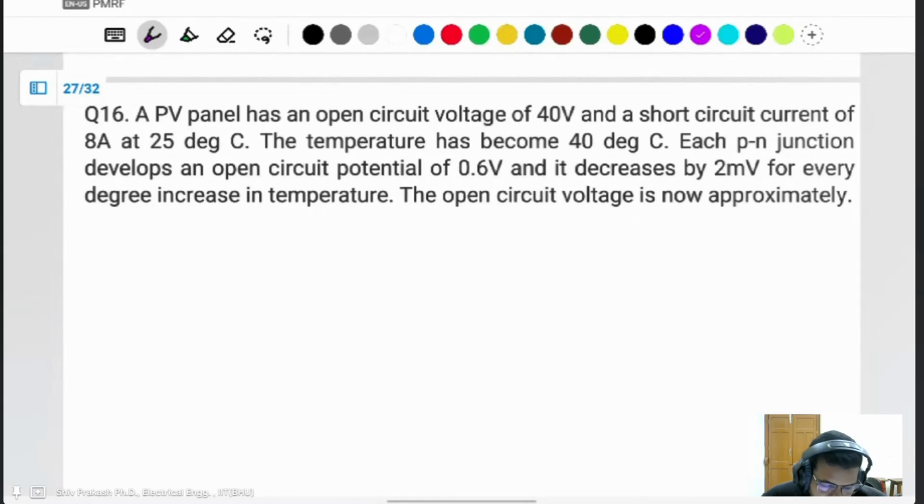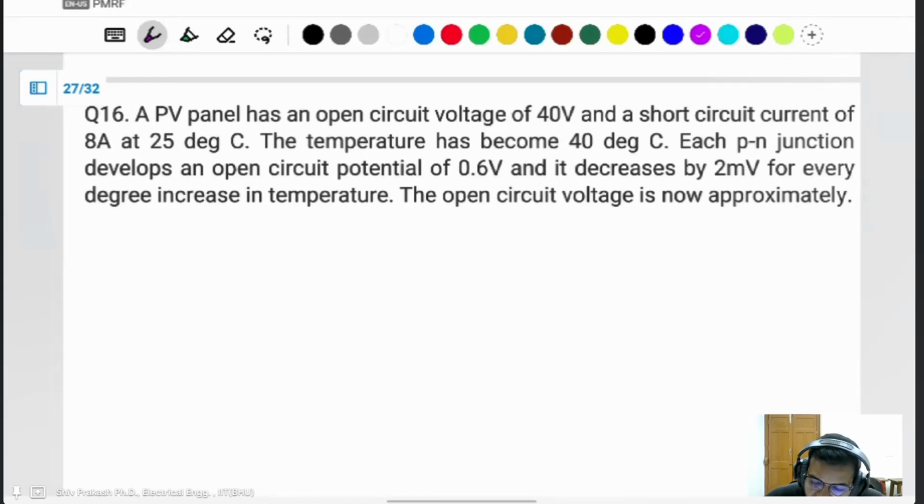The next question: a PV panel has an open circuit voltage of 40 volt and a short circuit current of 8 ampere at 25 degrees centigrade. The temperature has become 40 degrees centigrade. Each PN junction develops an open circuit potential of 0.6 volt and it decreases by 2 millivolt for every degree increase in temperature.